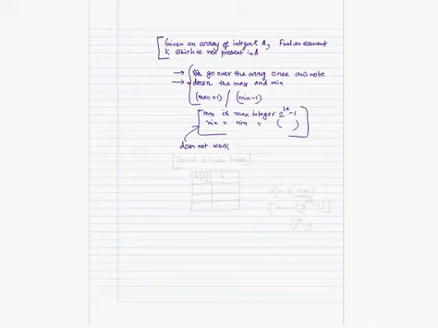Now the other approach is to build a hash table. Build a hash table with the following. The key is really the value in the specific index. So a of i is the key, and the data is the index i.